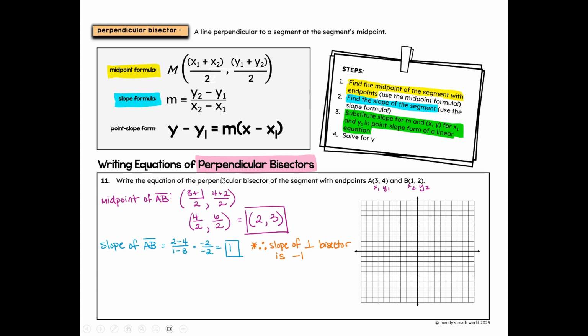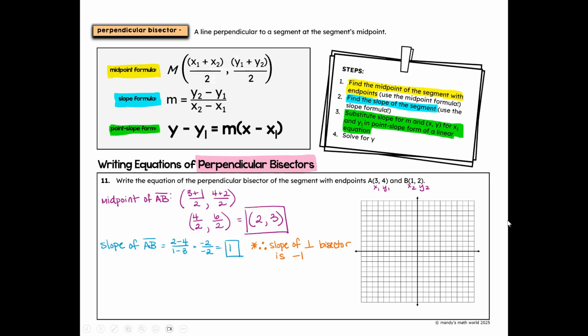Now I've got the midpoint, (2, 3), and the slope of the perpendicular bisector, negative 1. So what I have effectively found is the slope of the line and a point on the line, and I need to find the equation of the line that has this slope and passes through this point.